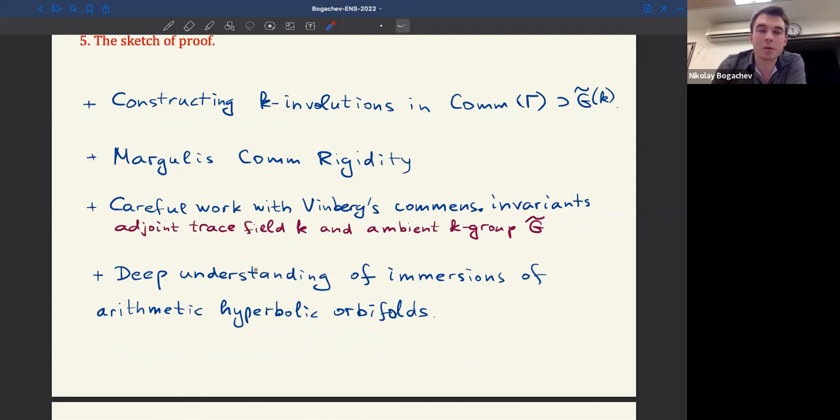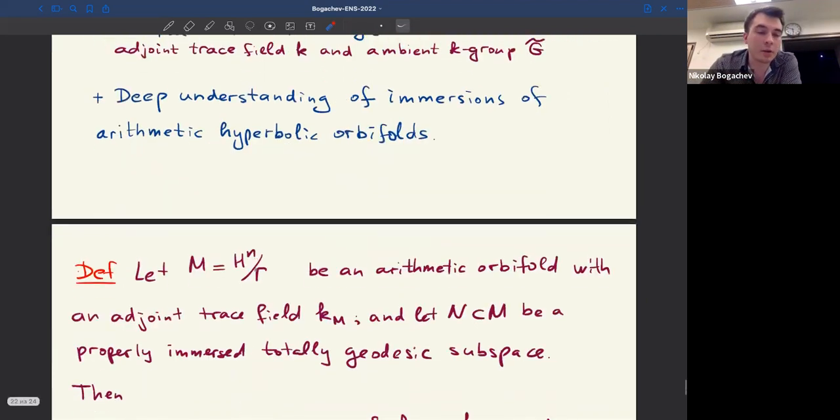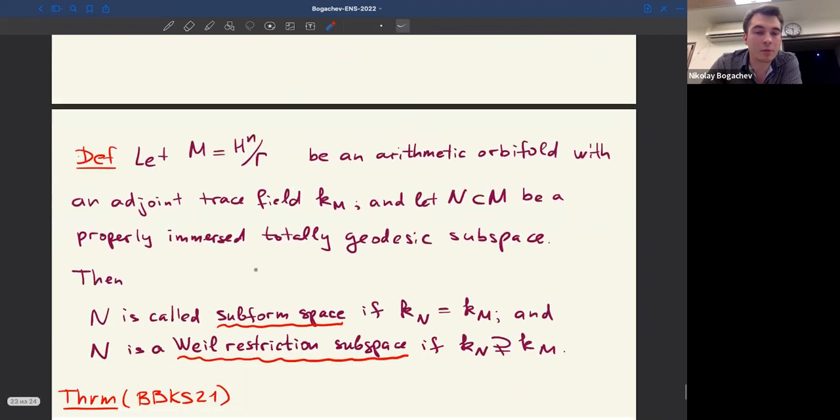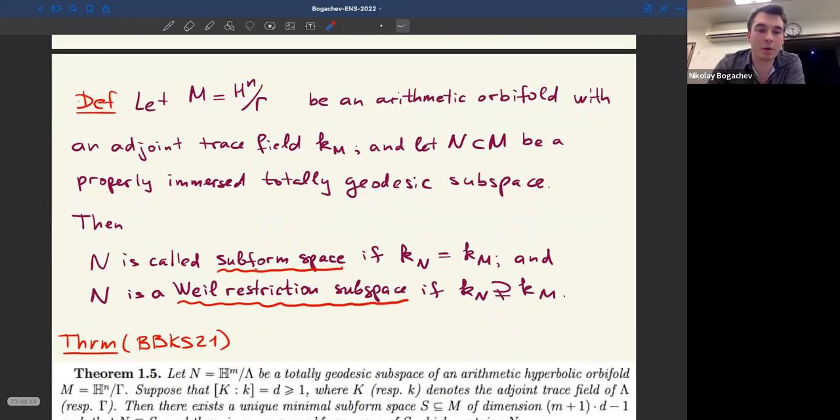But another part of this theorem is already hard. It is based on careful work with Vinberg's commensurability invariants, the joint trace field K, and an ambient group G tilde. And we also study immersions of arithmetic hyperbolic orbifolds into one another. And I think that I can say just what the main theorem behind this proof is.